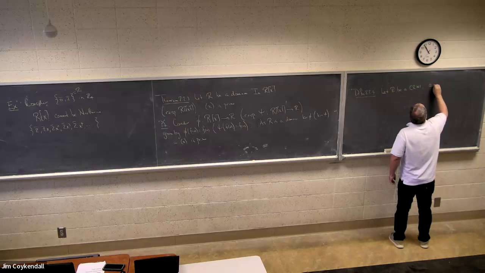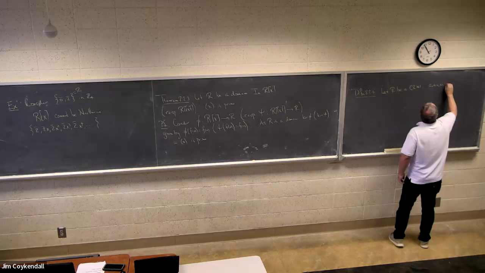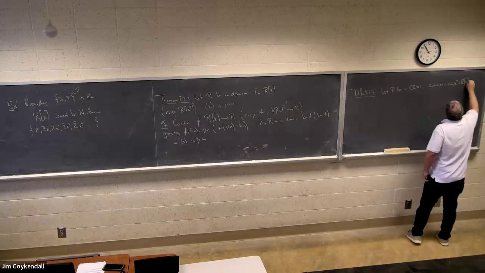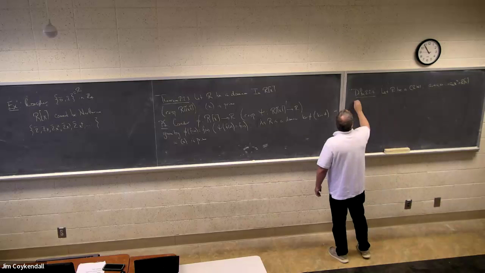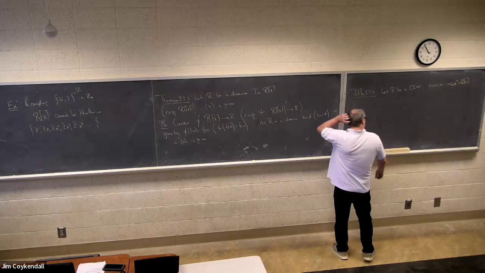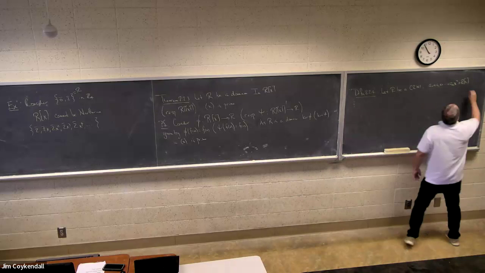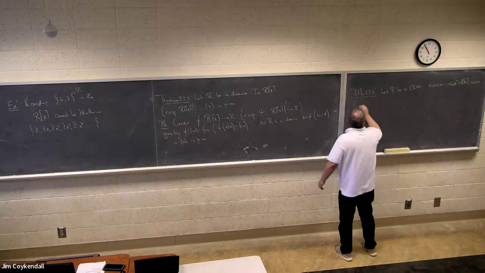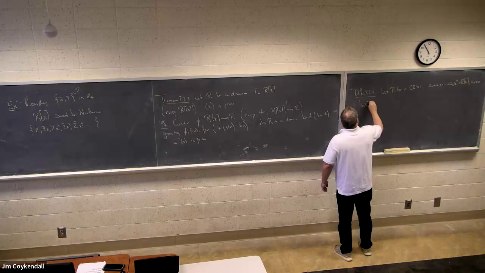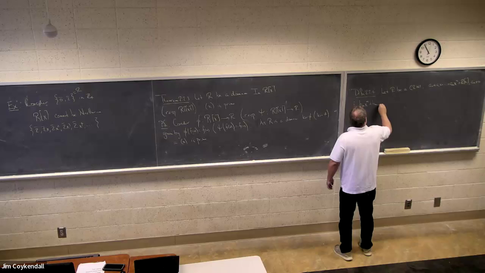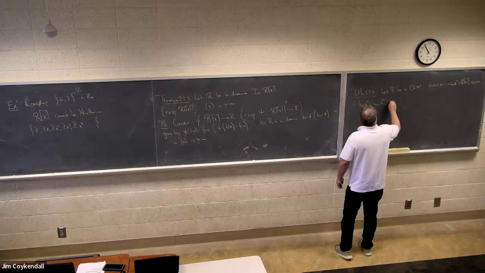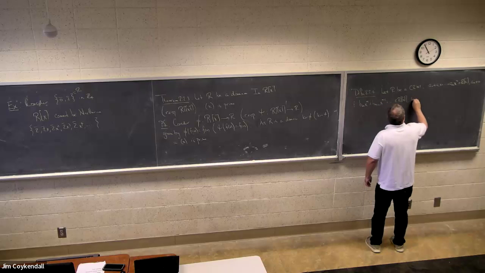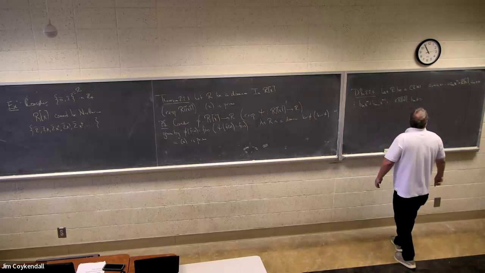Let f of x equal a_0 plus a_1 x plus ... plus a_n x^n in R[x], and here a_n is not 0. And let g of x equal b_m x^m plus b_{m+1} x^{m+1} plus and so on, in R power series in x. And here I want b_m also to be not 0.